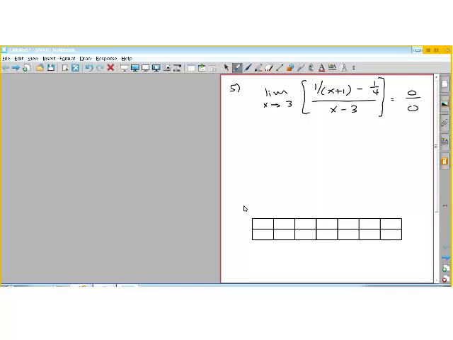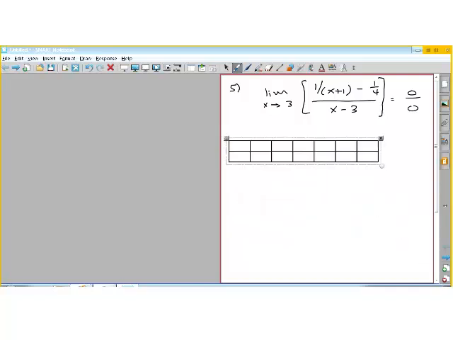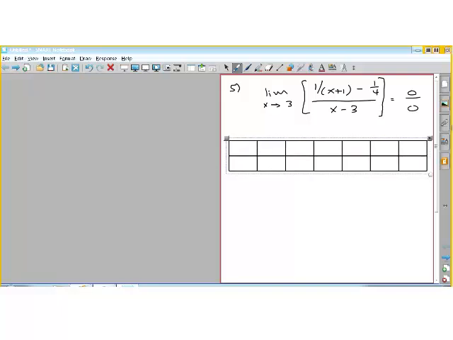To numerically determine the limit, we're going to do what we did last time. We'll make up this table and plug it into our calculator. The easiest thing to do is set your calculator up so instead of having 2.9, you have 2.900. I'm going to enter this in my calculator so you can do the same thing.